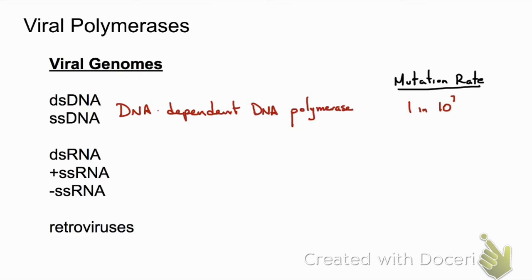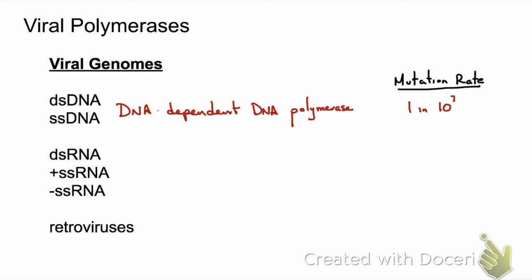Now, I want you to take a look at the mutation rate here. For viruses that encode their own DNA-dependent DNA polymerase, those polymerases make a mistake maybe once every 10 million bases that are replicated, or 1 in every 10 to the 7th bases. These polymerases are incredibly high fidelity.